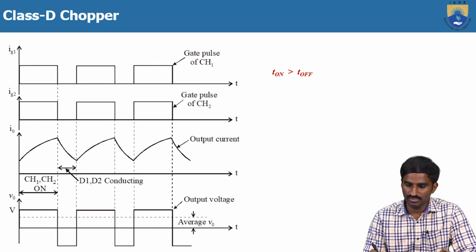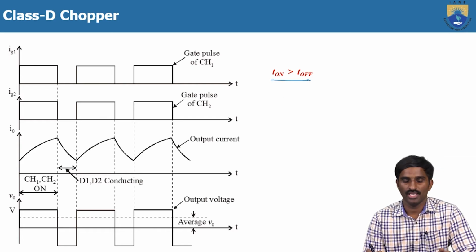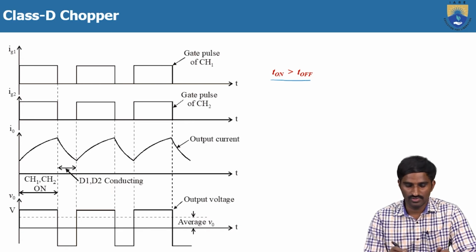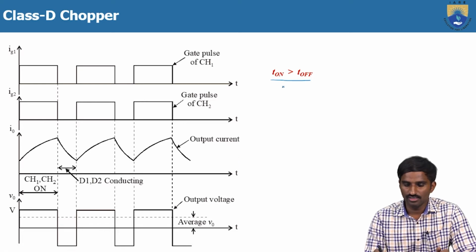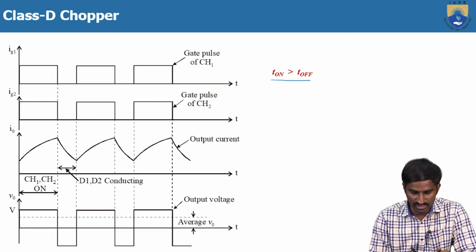First, let us consider T on is greater than T off. Here the current is continuous only because of the inductor, so the output current waveform is more or less continuous. But coming to the output voltage, in the first case T on is greater than T off, which means this is the T on period and this is the T off period.